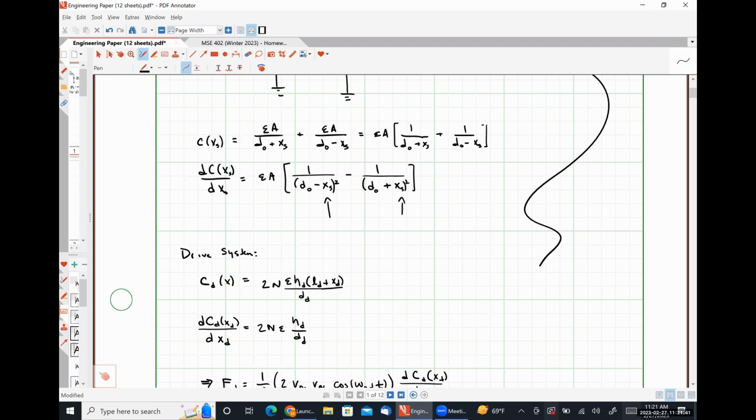So I got 18.81 nanoamps, but I forgot a factor of 2, which means this should be 37-ish. Yeah, 6.2. Okay, so we got the same thing for that and that. I forgot a factor of 2 there.